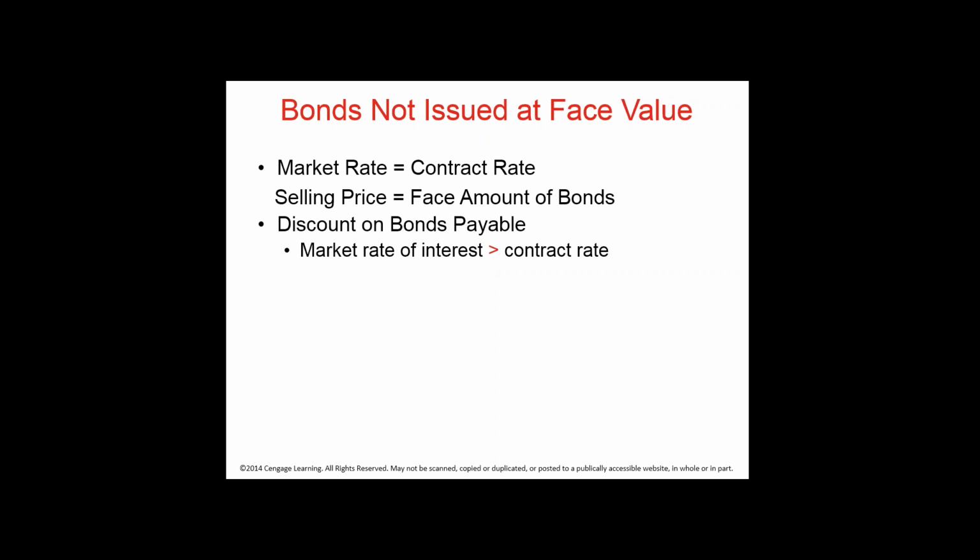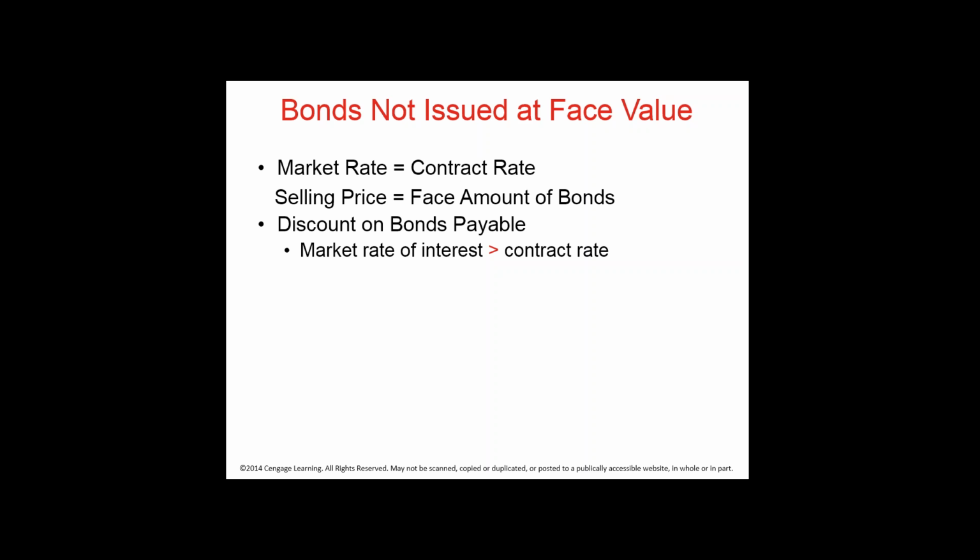If the market rate of interest is greater than the contract rate, why would I want to pay $1,000 for a bond when I can invest it somewhere else and get more in interest? Now, go back.